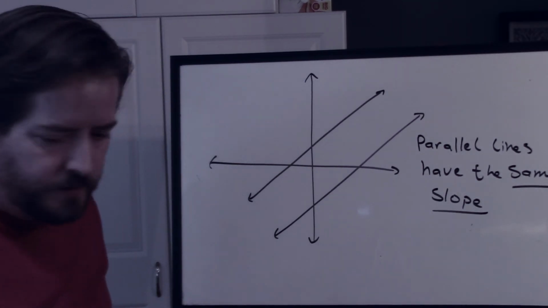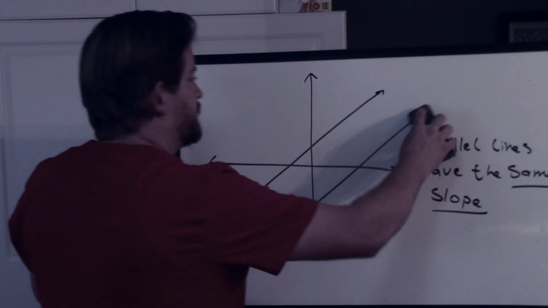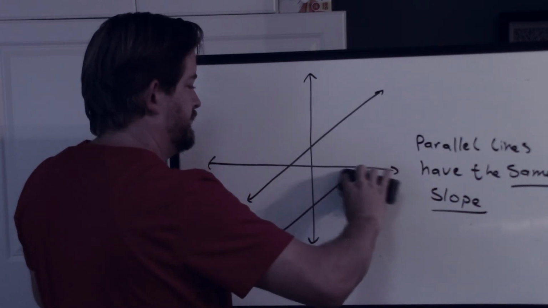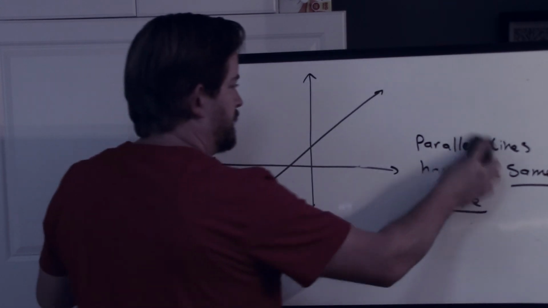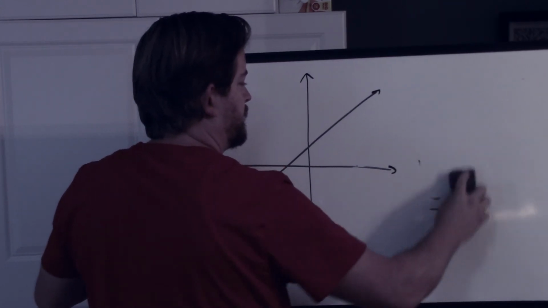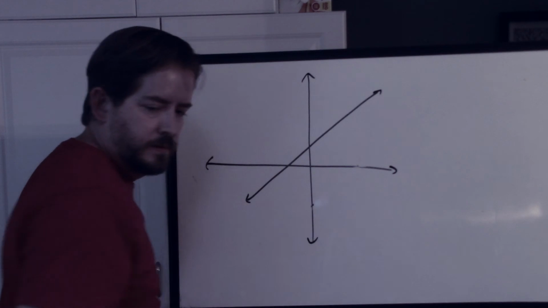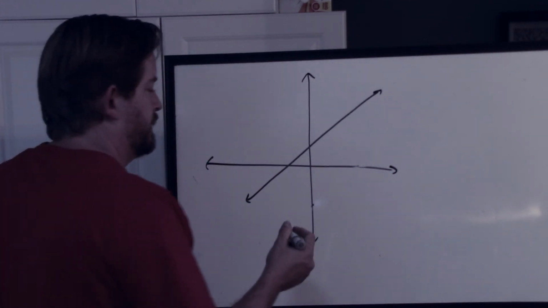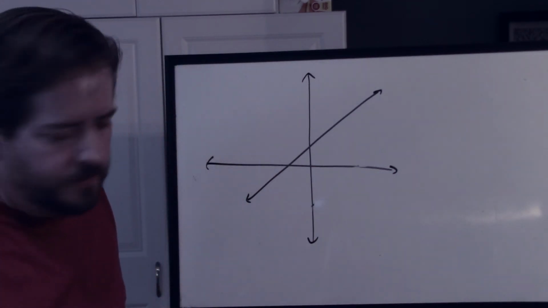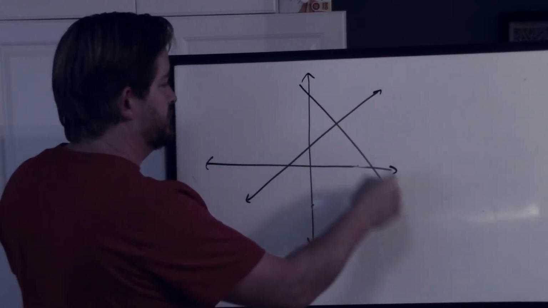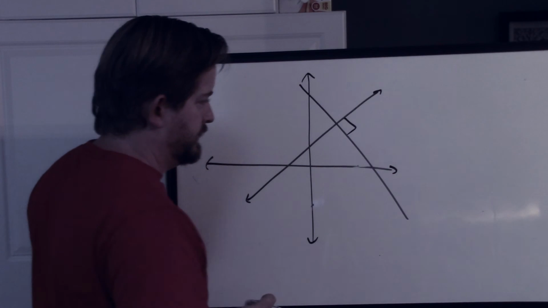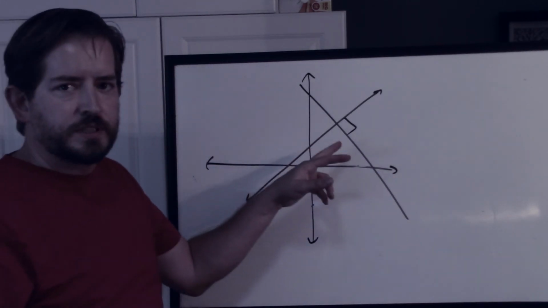Likewise, let's get rid of this line. Let's say I have a line that intersects this line at a 90-degree angle. These two slopes are tied together.